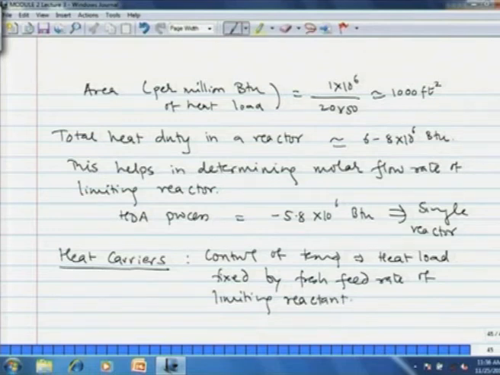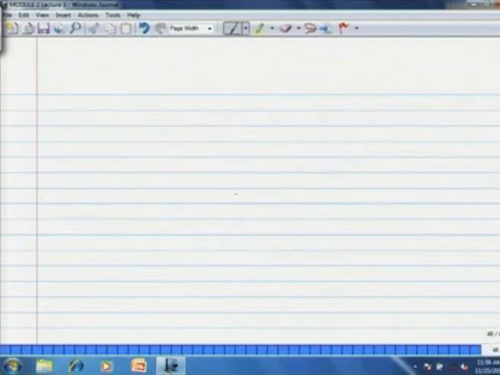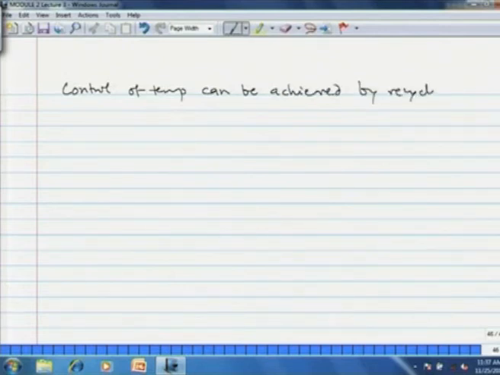Now, if the other reactant is fed in excess, then we have a very large amount of unreacted reactant at the reactor outlet. Now, to control the temperature, one easy way would be to recover and recycle the unreacted reactant. Control of temperature can be achieved by recycling of unreacted reactant, which acts as a heat diluent.